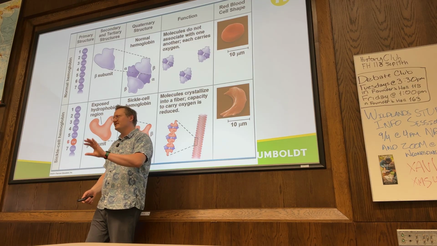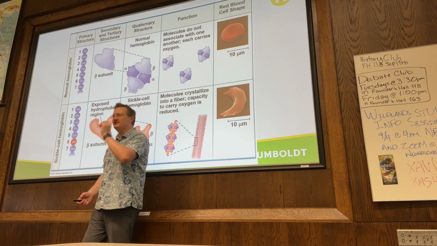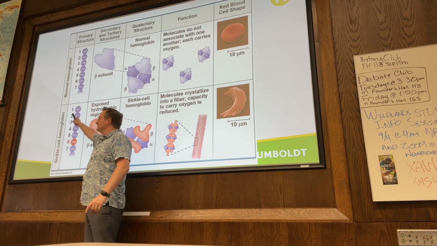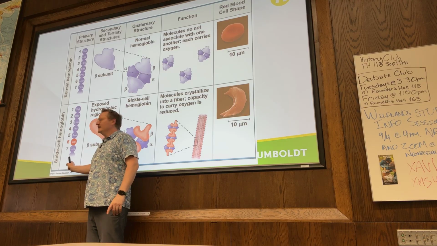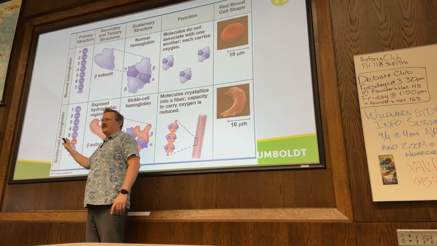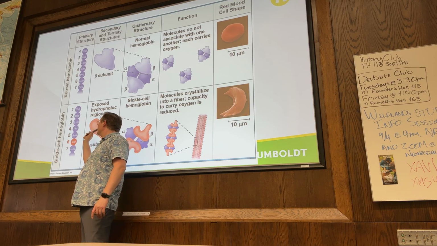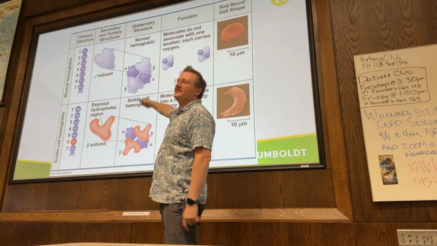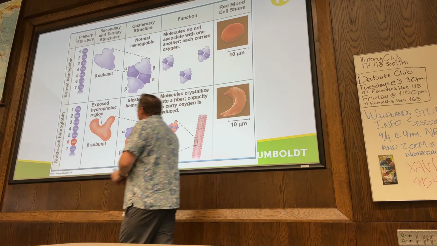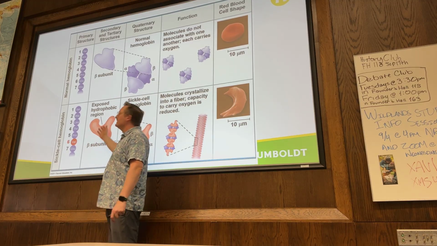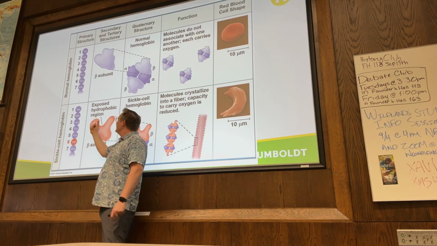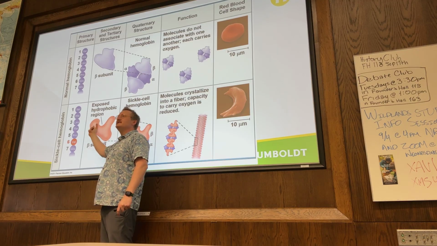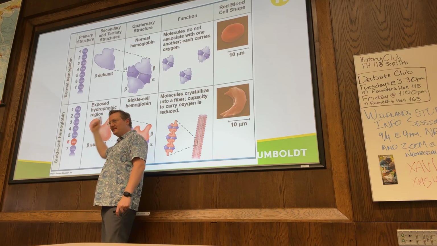Also the secondary to a small extent, but let's not panic too much about that, because remember, the backbone's still the same. So the side chain is going to be the primary thing that's changing this actual structure here. The normal beta subunit looks like this. The mutated beta subunit looks like this, and it leads to an exposed hydrophobic region on the beta subunit.